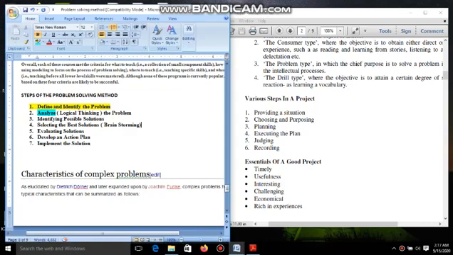Here you are going to use it as a technique so that students can select the best possible solution of the problem. Then it may be followed by evaluating the solutions.